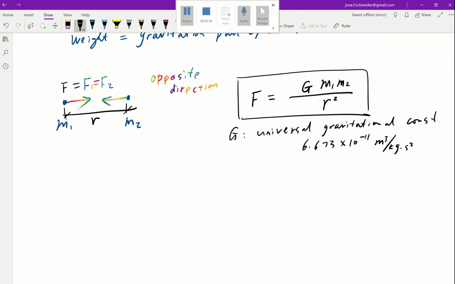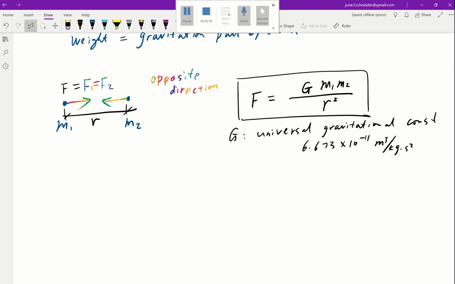So let's take a look at example 1. We talked about two random objects. They do have attraction, but this attraction force is too small. But thinking about if we are no longer two random objects, it's you and the Earth.